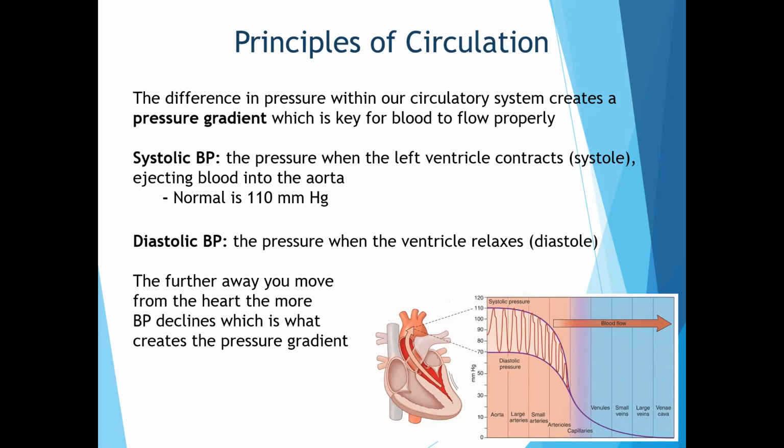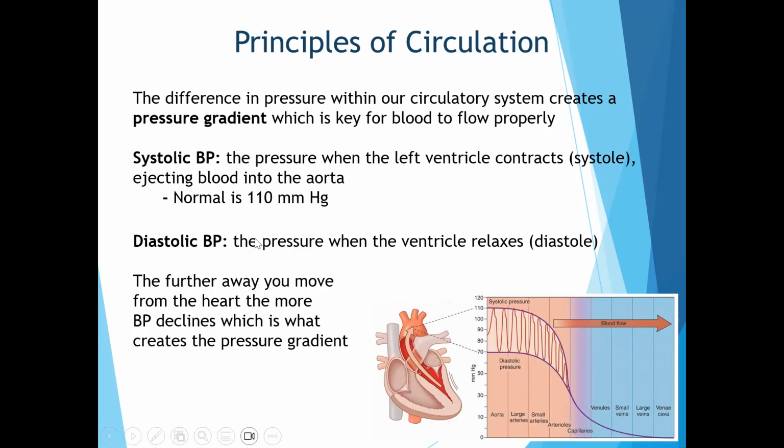Normal is considered 110 millimeters of mercury. They used to say 120, but us Americans have issues with high blood pressure, so they've been a little more strict and dropped the norm down to 110. Our diastolic blood pressure is the pressure when the ventricle relaxes, which is known as diastole.